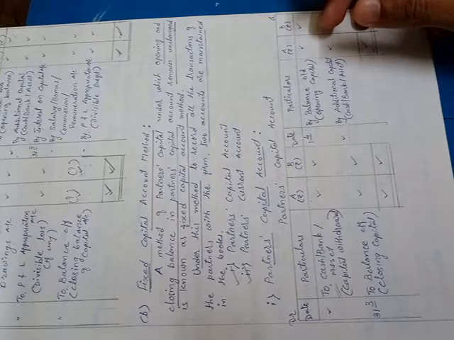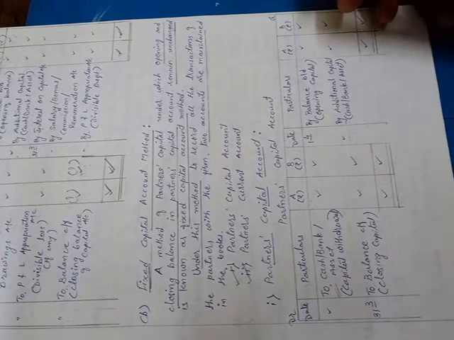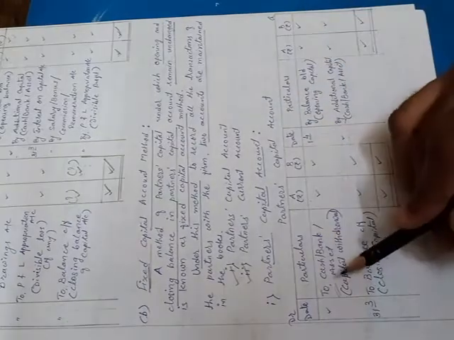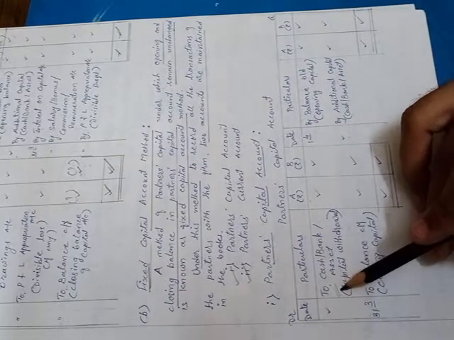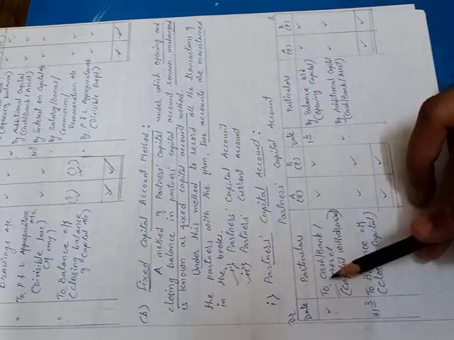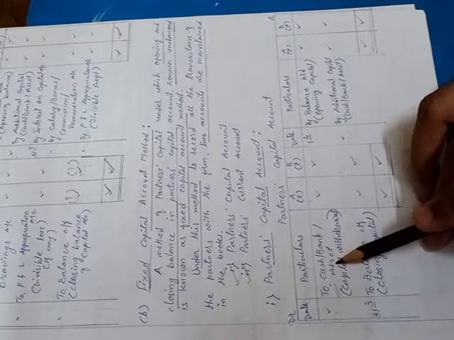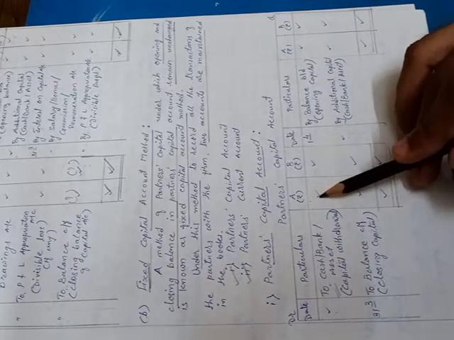That is called withdrawal of capital, and that is also not a regular transaction; it is a non-recurring transaction. So we have to record it over here, which will decrease the capital balance, on the debit side of the capital account. And on the date on which it is withdrawn by the partner, you write to cash, bank or asset account, whichever is taken over by the partner, and the amount.